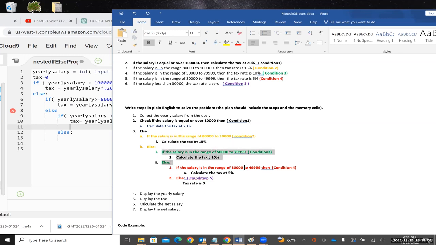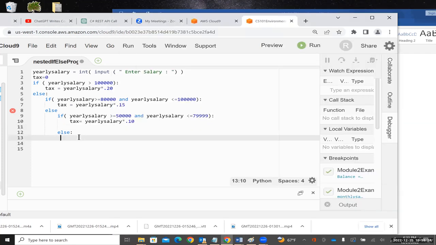Then moving on to the next condition, where it says if the salary is in the range of 30 to 49,000, that's condition 4. That should go under the else over here. So if yearly salary is greater than or equal to 30,000, and yearly salary less than or equal to 49,999.